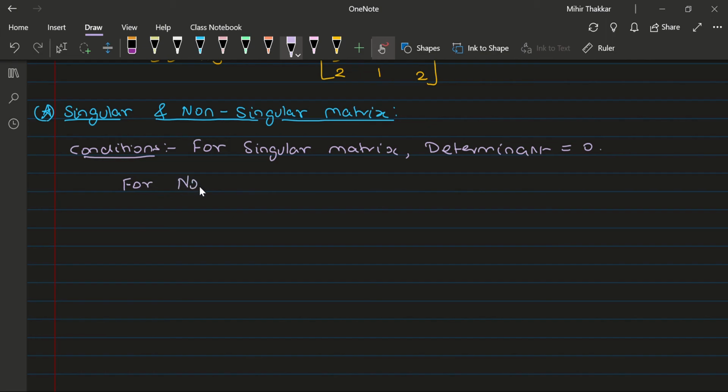For non-singular matrix, the determinant of the matrix must be non-zero. So that is the condition for singular and non-singular matrix. Determinant is a chapter that you have already studied in your 11th standard, guys.